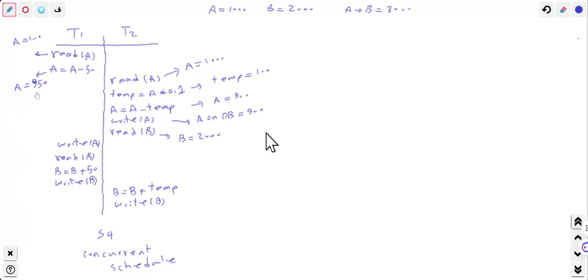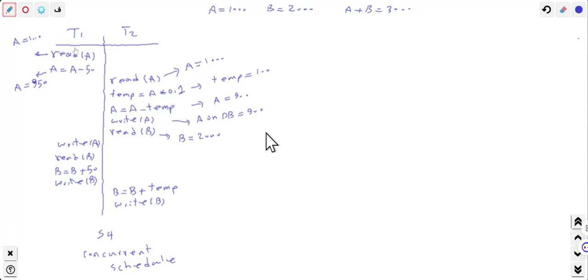T1 uses its own value. T1 reads A. A was 1000. Then it subtracts 50 from A, and A became 950.